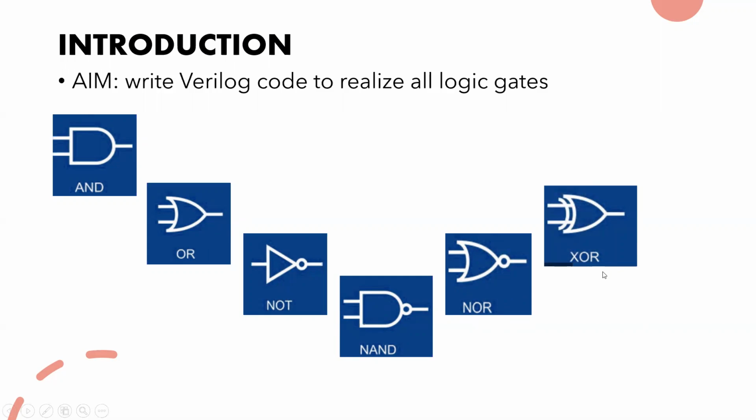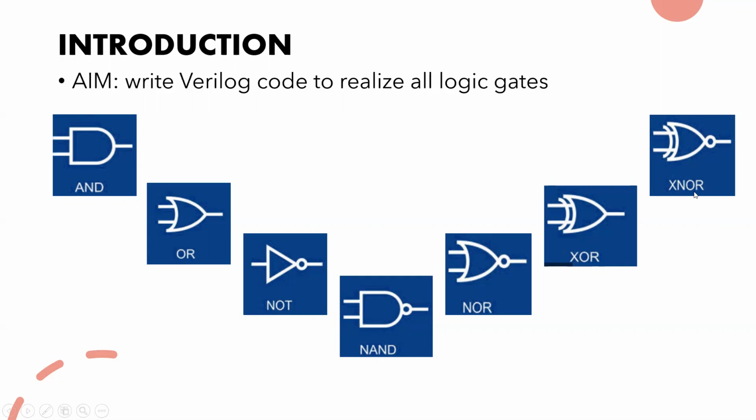This is the symbol for two input XOR gate. If the inputs are A and B, the output will be A B bar plus A bar B. This is the symbol for XNOR gate.